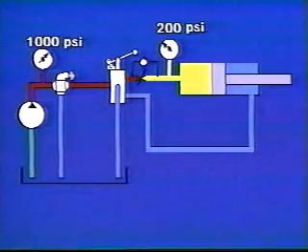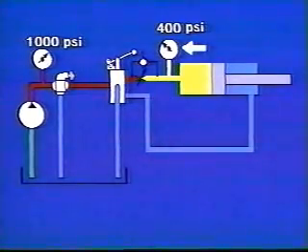Now, let's assume the workload changes. Maybe we have a pressing operation where the density of the material increases. This represents an increase in the workload. Let's say those workload forces go up to 4,000 pounds. This means our pressure here goes to 400 psi.